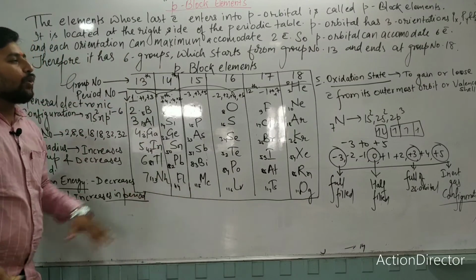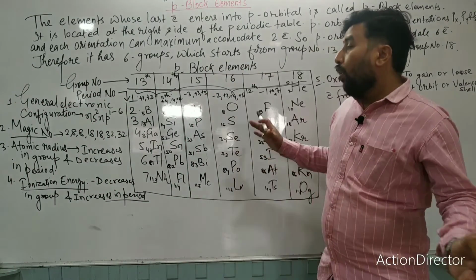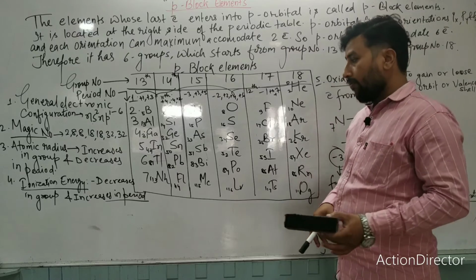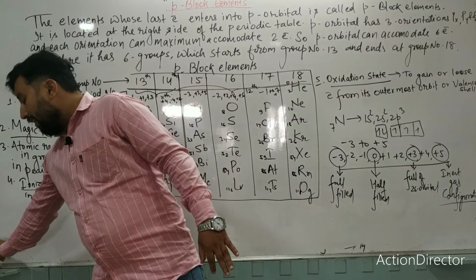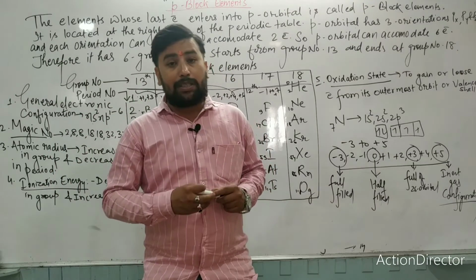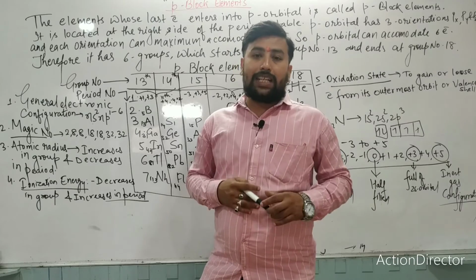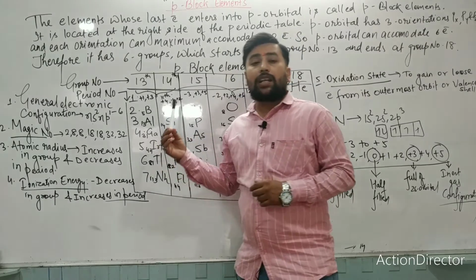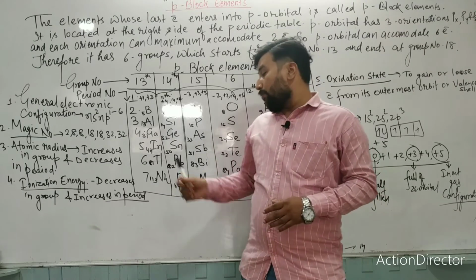So these are a few of the physical properties which you should understand about this whole p block elements. Now the main thing which we are going to study in 12th standard is about the group number 15 elements and the compounds formed by group number 15 elements. Group number 15 elements are nitrogen, phosphorus, arsenic, antimony, bismuth.